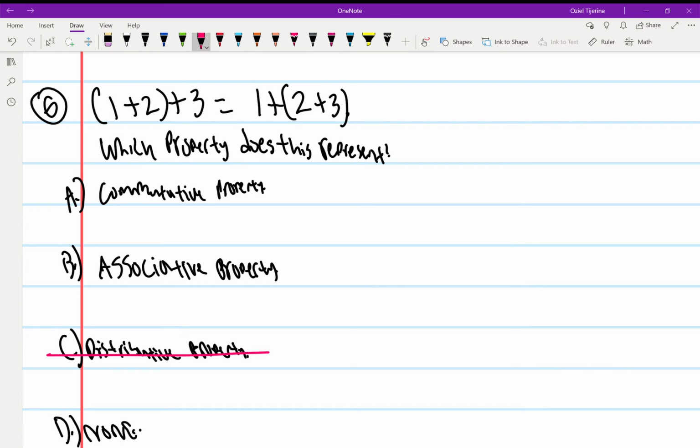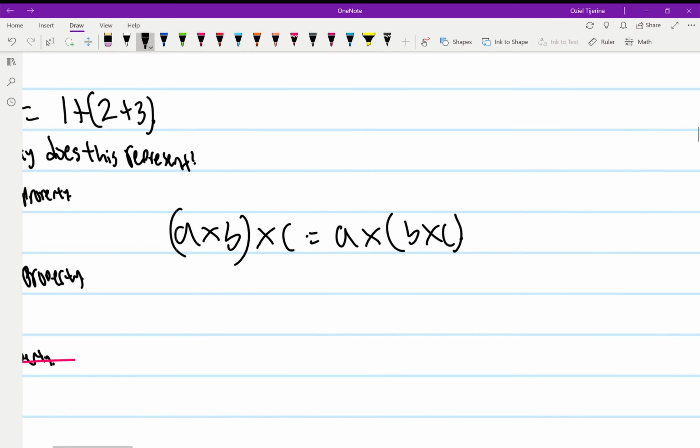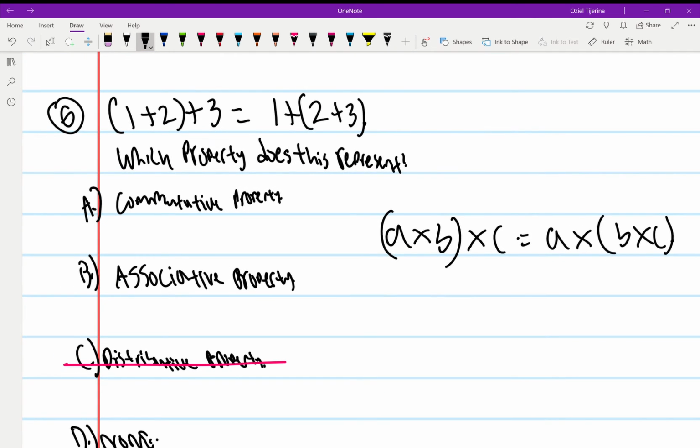Commutative property is actually not it either, because commutative property says that if you have A times B times C, that would equal A times parentheses B times C. So it's kind of the same thing as this, but it's not exactly. So it cannot be A.